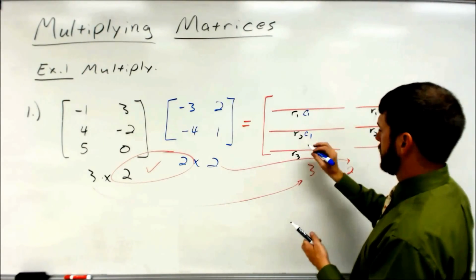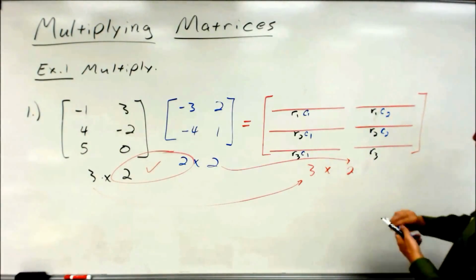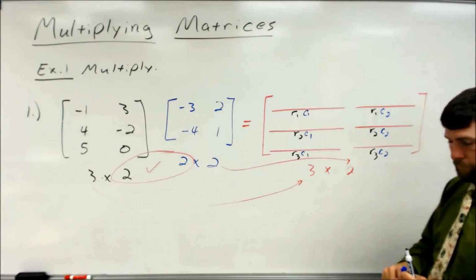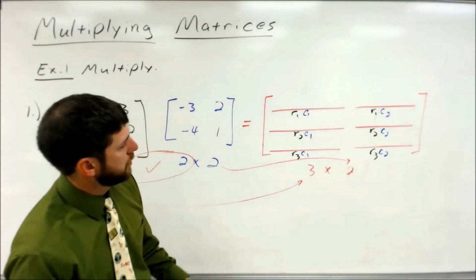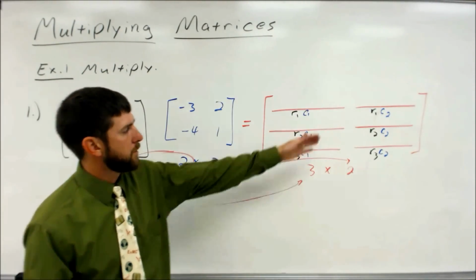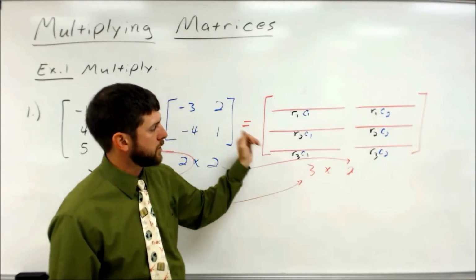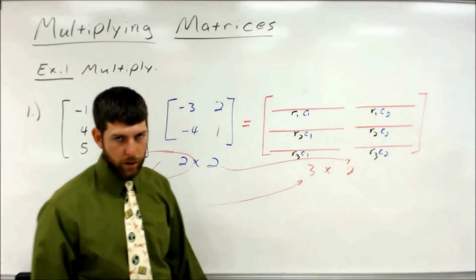Row 3, column 1. Row 3, column 2. As you can see, all of my column 1 information will appear in the first column, all of my column 2 information will be in the second column. Same thing with rows: row 1 information will be in the first row, then row 2, then row 3.